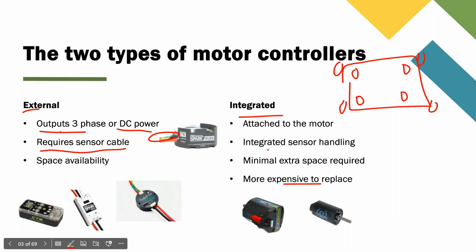Integrated takes up a lot less space, as it is built inside of the motor, and it handles some sensor stuff and attaches to the motor. They are more expensive to replace.